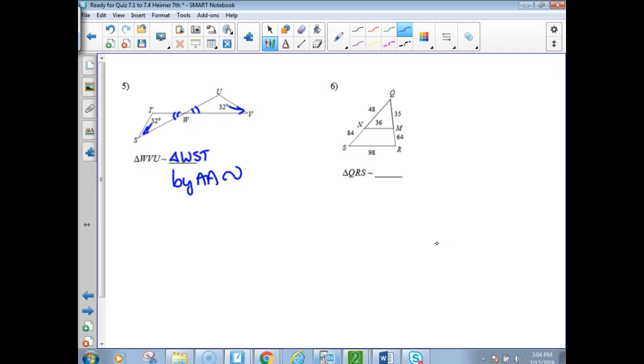Okay. On number 6, I'm going to compare all the sides. I can compare the 36 and the 98. That needs to equal what? Can someone tell me another fraction I should write? Should I write 48 over 84?